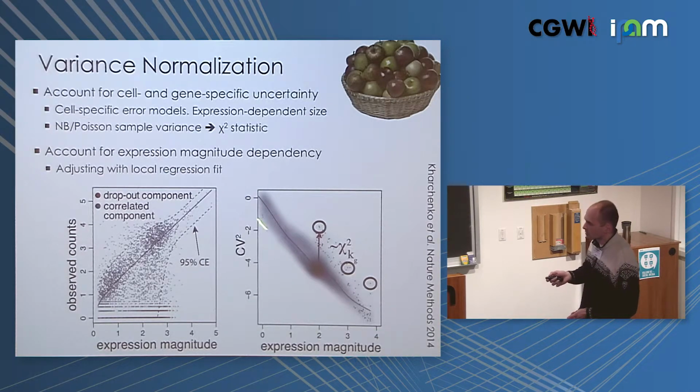You can see a very strong dependency here. Now, you could try to model this analytically, but it turns out that, depending on the protocol you use and the measurement and so on, this curve can look slightly different. So there are probably a lot of factors contributing to this, so we just use some kind of local regression to fit this overall trend.